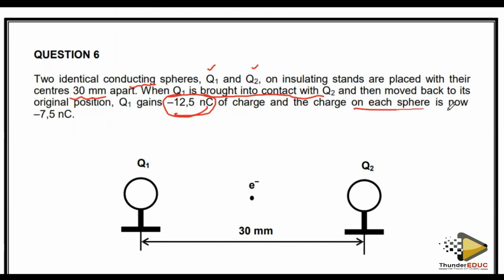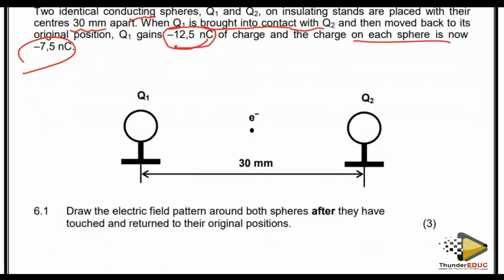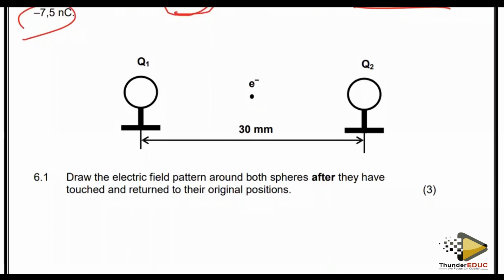And the charge on each sphere is this. So, guys, one thing we need to remember is that when spheres are brought into contact, there is going to be equal distribution of charges. Look at the separation. The magnitude of charges has to be the same.